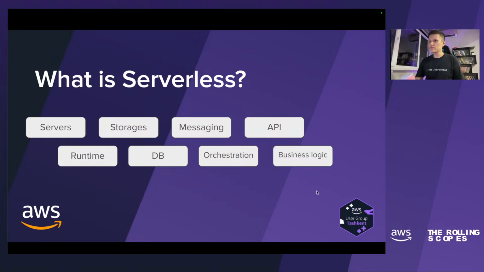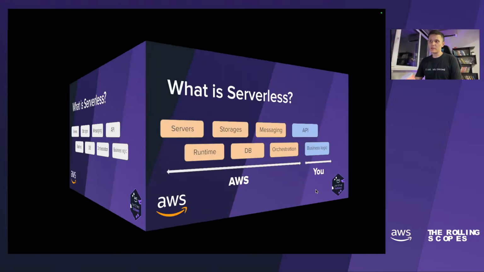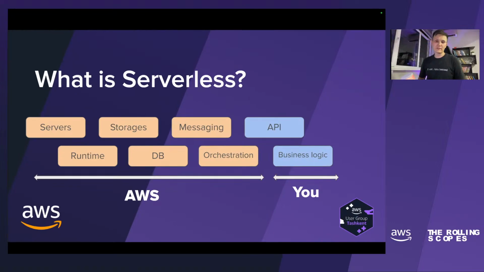And let's move to the concept which is developed as serverless. Serverless in terms of cloud computing means that almost all the stuff that you need to run your code is fully managed by some other provider. In our case, it is AWS. So your code will be run on servers, will use storages, messaging systems, a message bus, for instance.